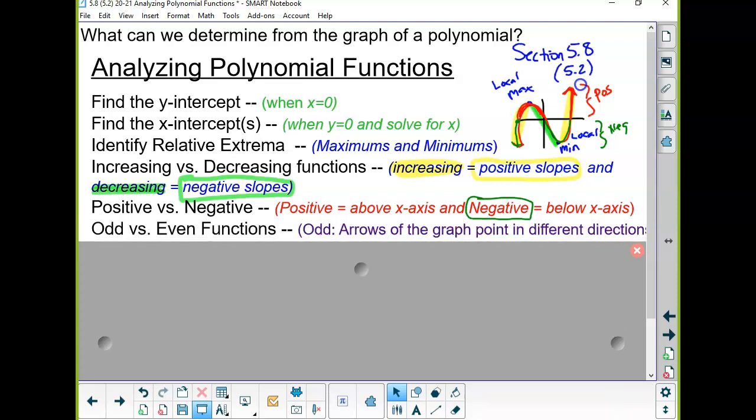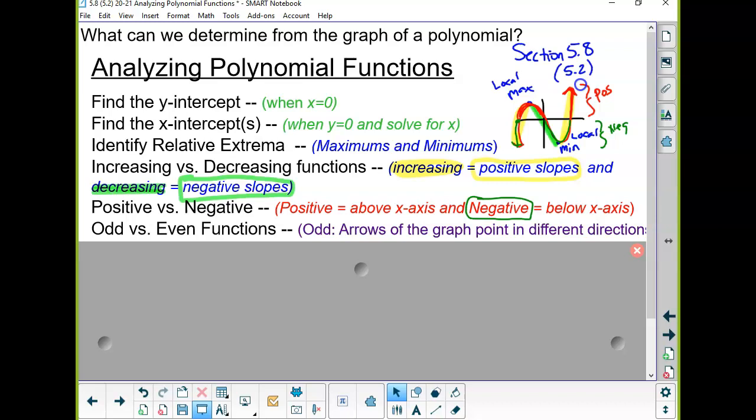All right, this one might take some getting used to. And I'll show you something to build a little bit more on the difference between an odd function and an even function. A very quick way to tell, just by looking at the graph, is if the arrows on the graph are pointed in different directions.